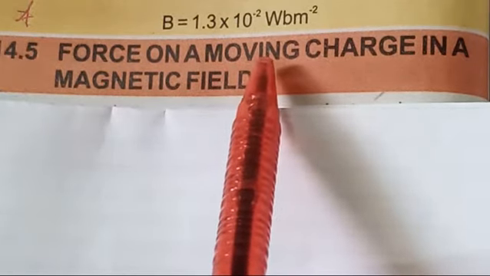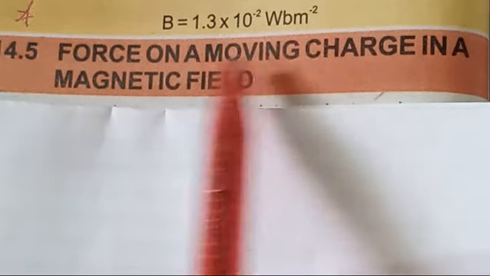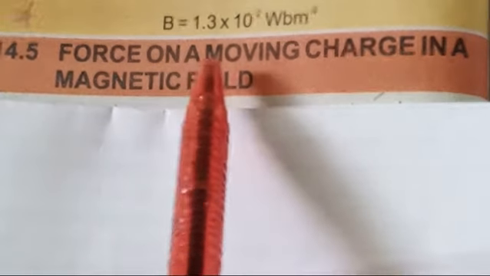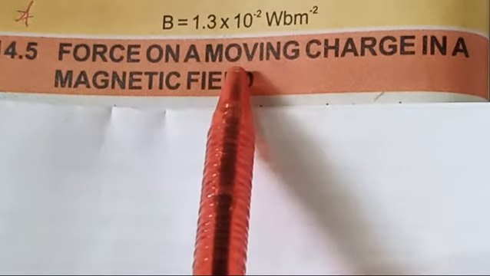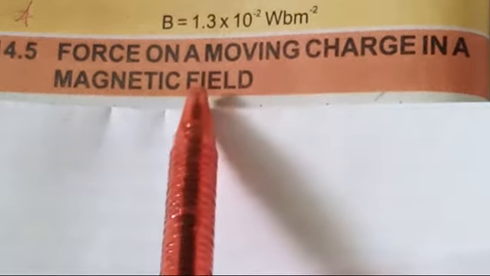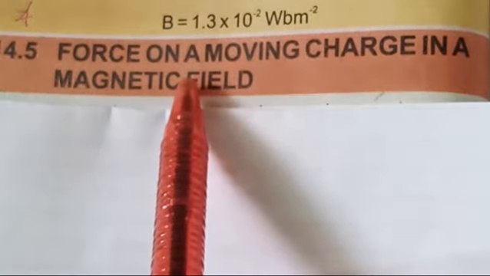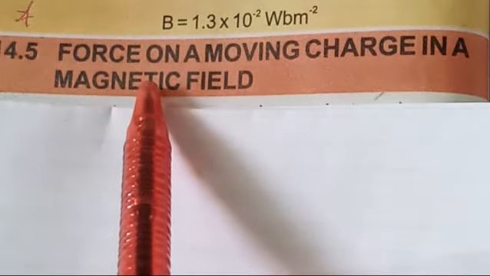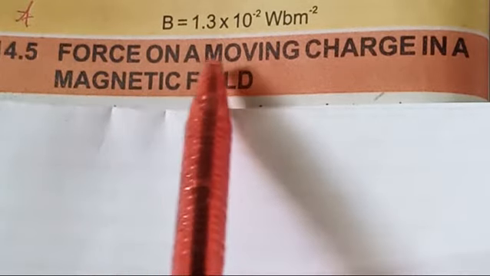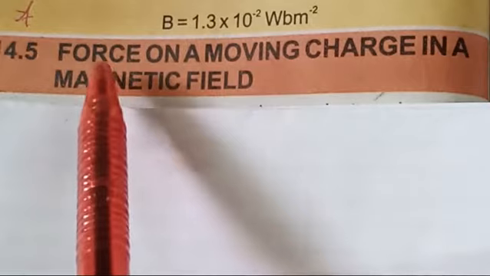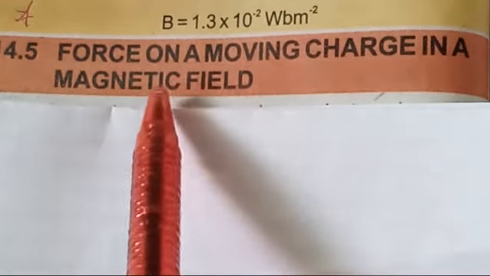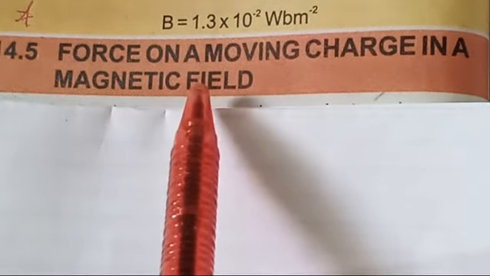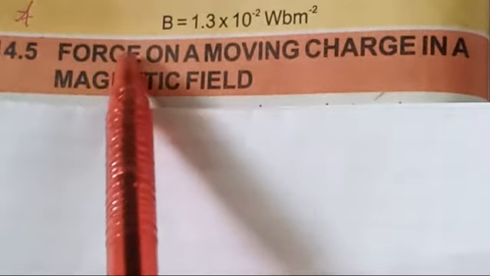Flow of charges is known as current. In a magnetic field, it means charges are moving in the presence of a magnetic field. So we are interested in calculating the force that is exerted by this magnetic field on the moving charge. So the title is force on a moving charge in a magnetic field, and we are going to calculate this force in this topic.